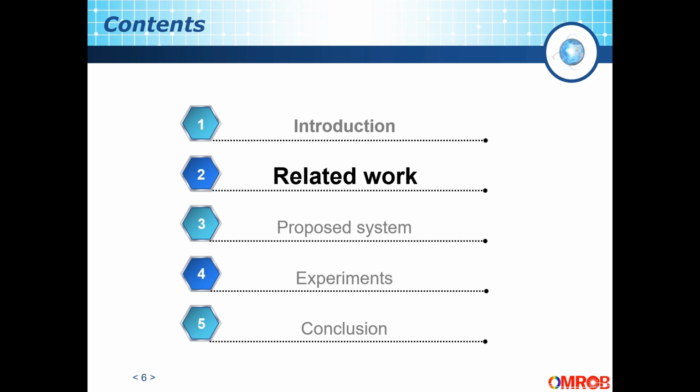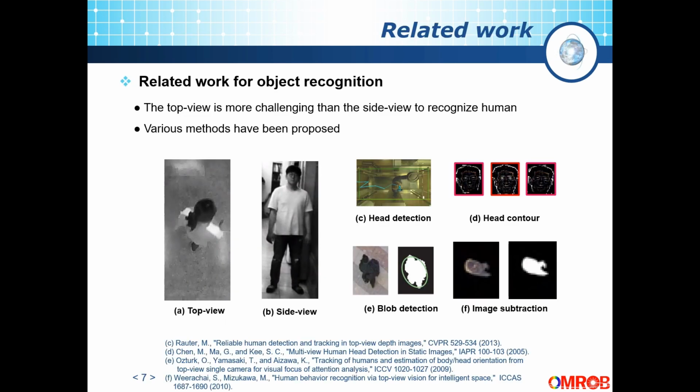Now we will move on to the related work. Previously, work on human recognition was mostly based on images taken from the side view. Recently, researchers started to work on the top view to classify human behavior. The top view is more challenging than the side view for recognizing humans because of self-occlusion.